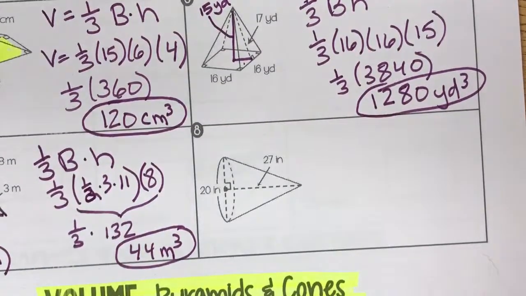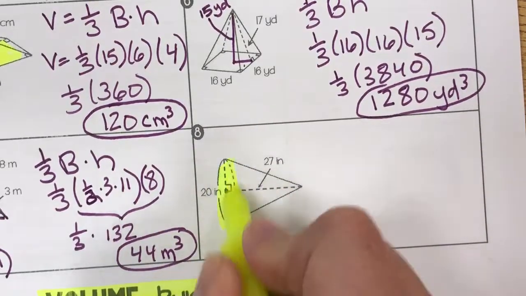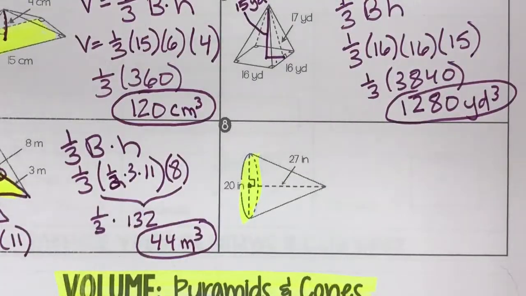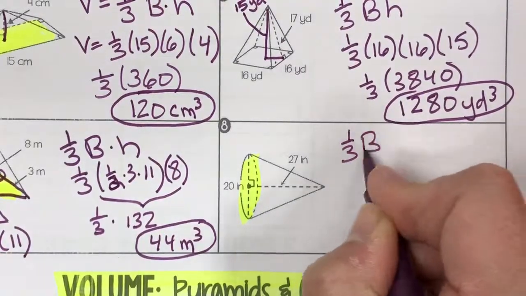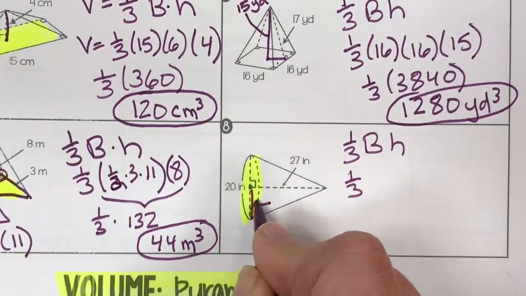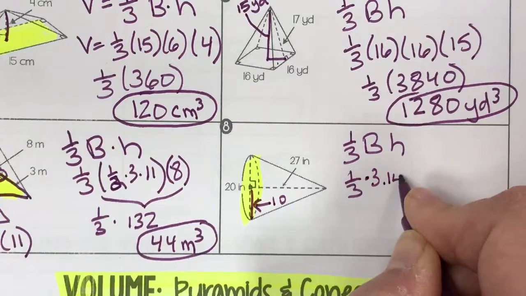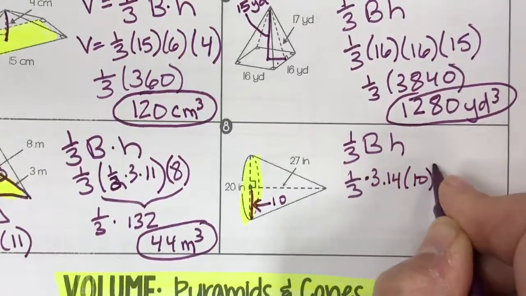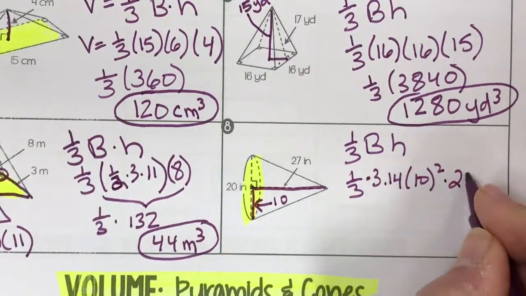Okay. For number 8, we have our first cone practice problem. We have a circular base here, so we're going to use the area of a circle for that uppercase B. So 1/3 area of the base times the height. Area of the base, here's the radius right here, it's 10. So we're going to do pi r squared, and then times the height of the whole thing, which is 27.